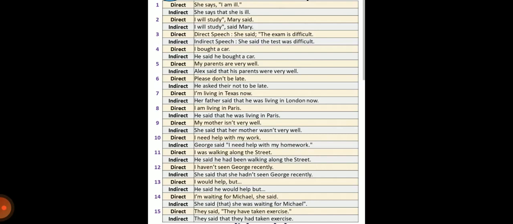Next example, he said, I would help, but. He said that he would help, but. I am waiting for Michael, she said. She said that she was waiting for Michael. They said they have taken exercise. And the answer is, they said that they had taken exercise.